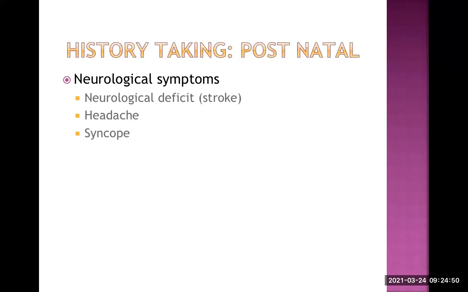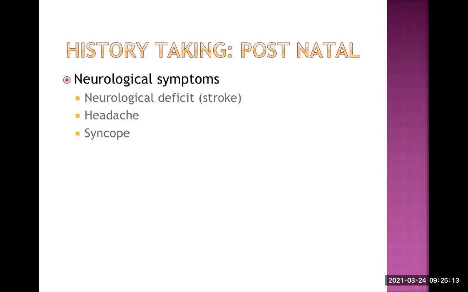Another one: decreased cardiac output, or decreased blood flow towards the brain, is a definite cause for stroke. So there are multiple reasons for that, but the most important one is associated with polycythemia, which is commonly seen in cyanotic heart disease.